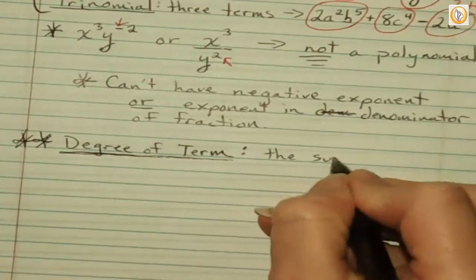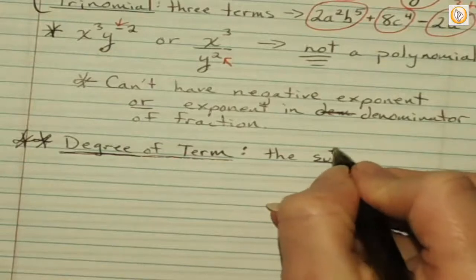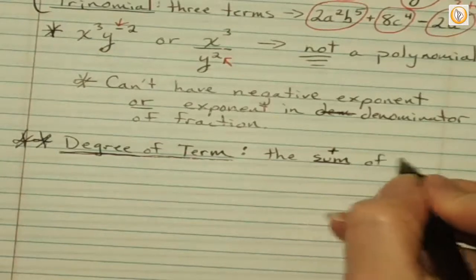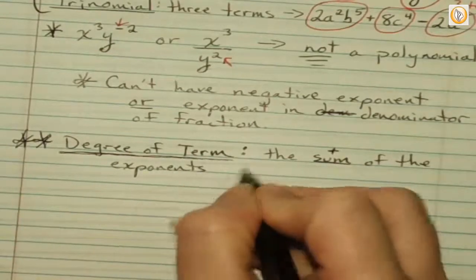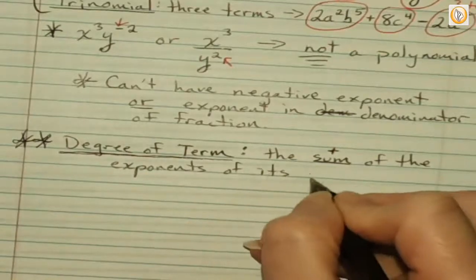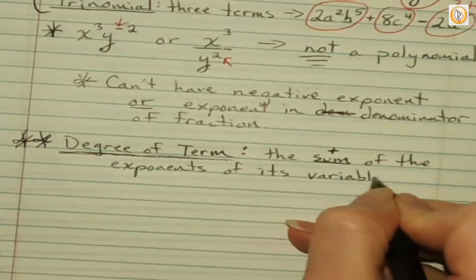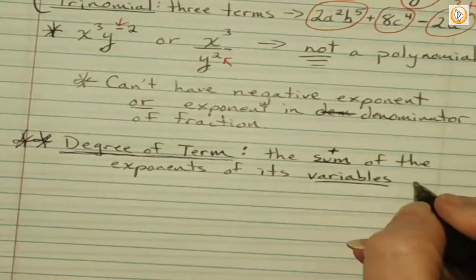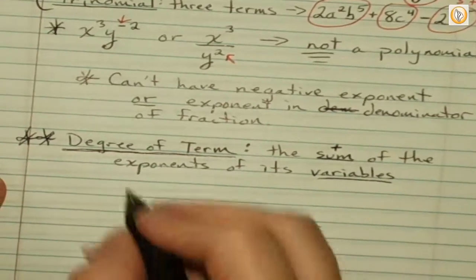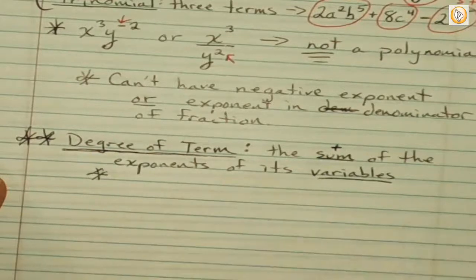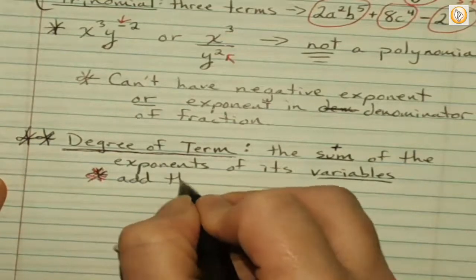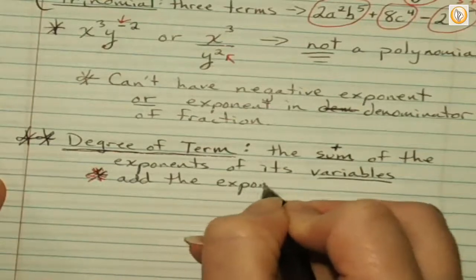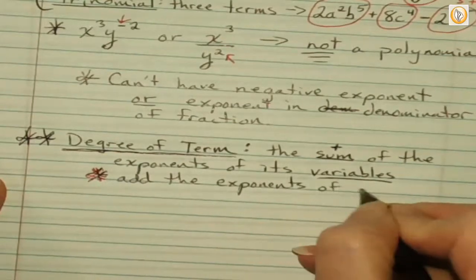It is the sum, and that's adding, it truly is, of the exponents of its variables. Basically, in other words, add the exponents of the letters.